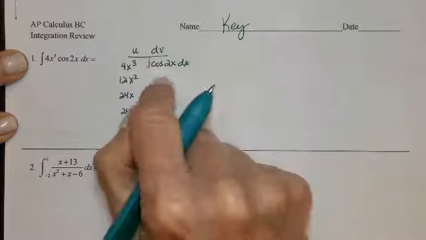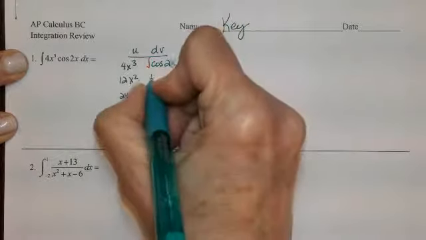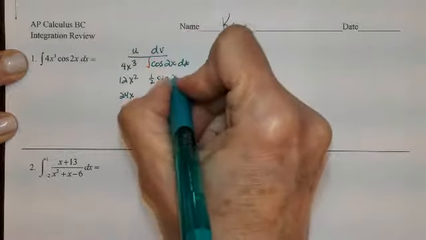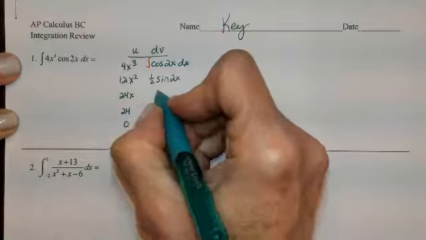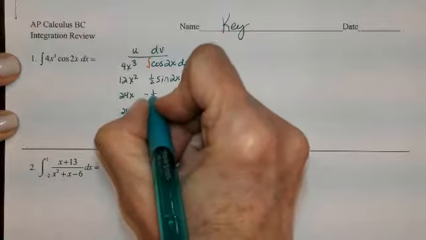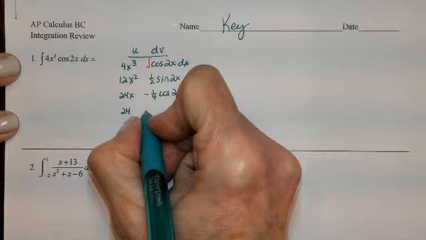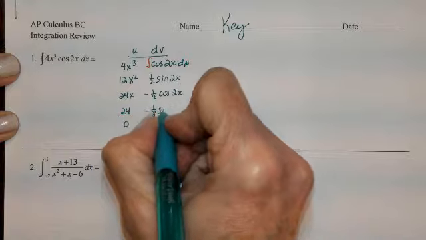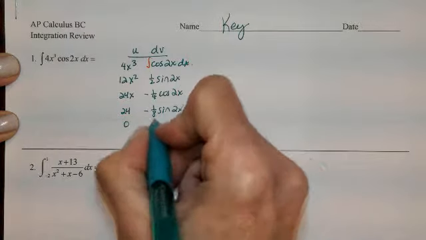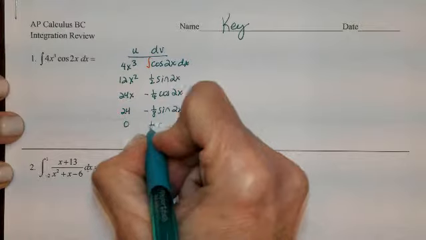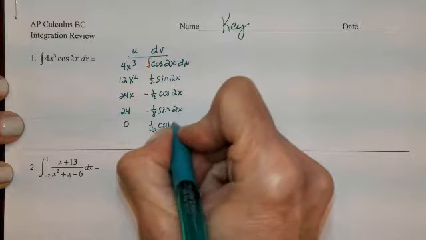So the integral of cosine of 2x is 1/2 sine of 2x. Integral of sine of 2x is -1/4 cosine 2x. Integral of that will be a -1/8 sine of 2x. And the integral of this would be 1/16 cosine of 2x.